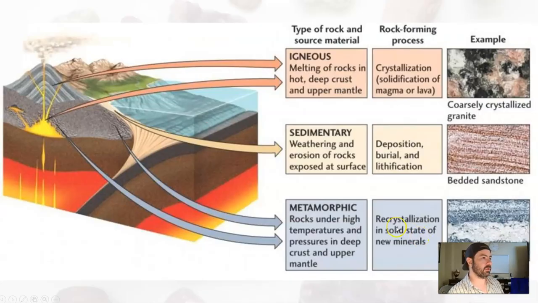Again, it's more so the story that these things tell you. If you're looking at an igneous rock where you can pick out the different mineral grains, you can tell that this is some sort of magmatic or lava activity. If you're looking at layered sandstone, you can tell the story of deposition, burial, lithification, possibly oceans in this area.